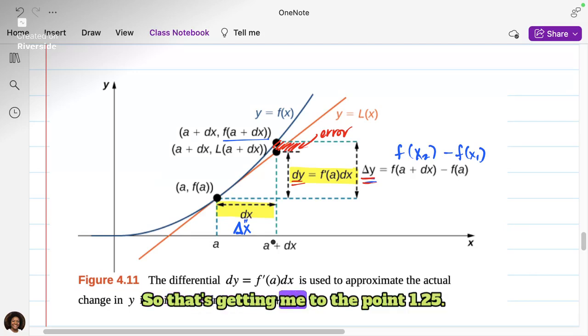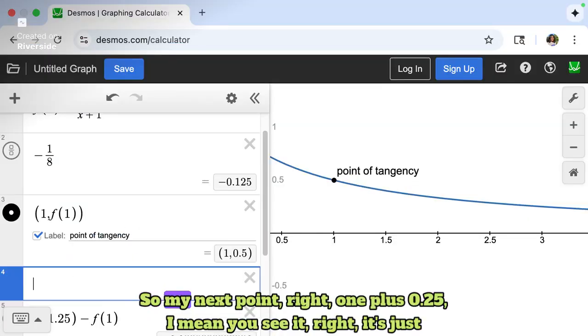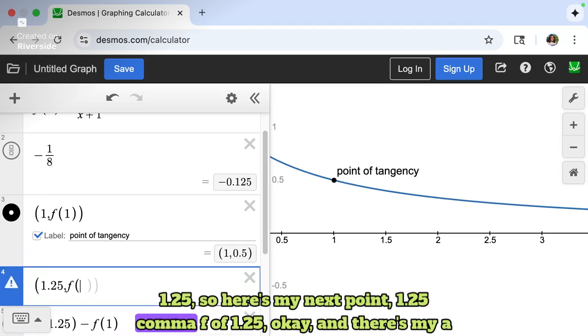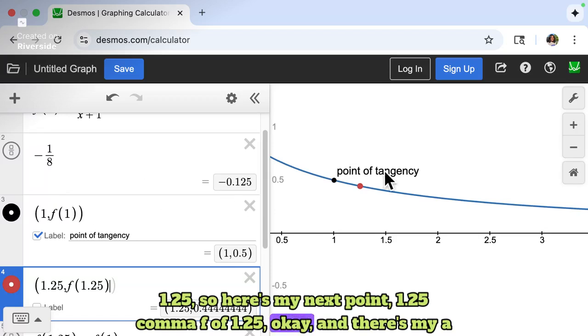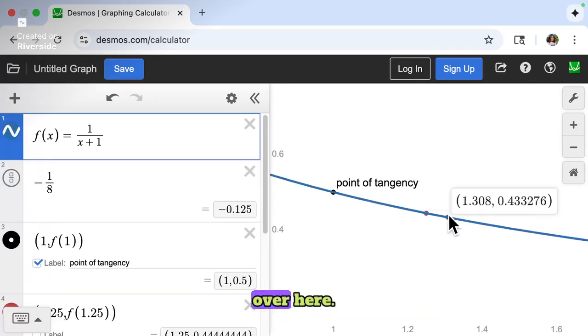So that's getting me to the point 1.25. So my next point, 1 plus 0.25, you see it, right? It's just 1.25. So here's my next point, 1.25 comma f of 1.25. Okay, and there's my a over here.